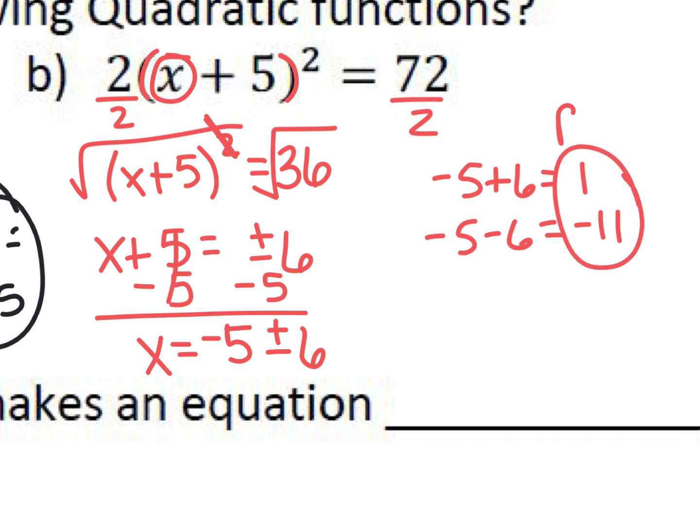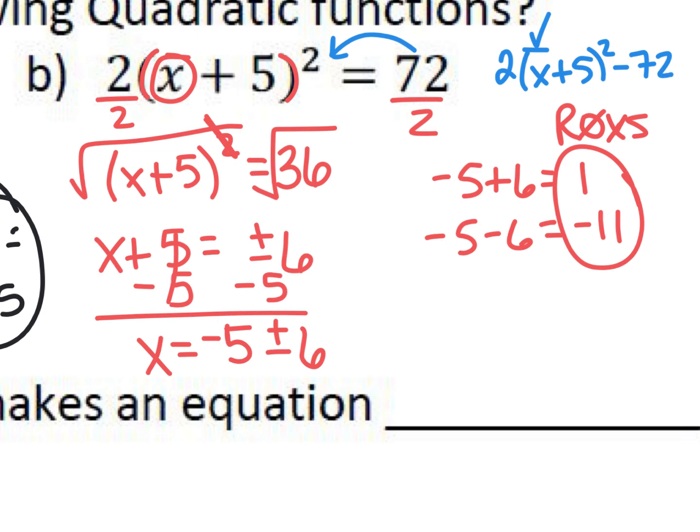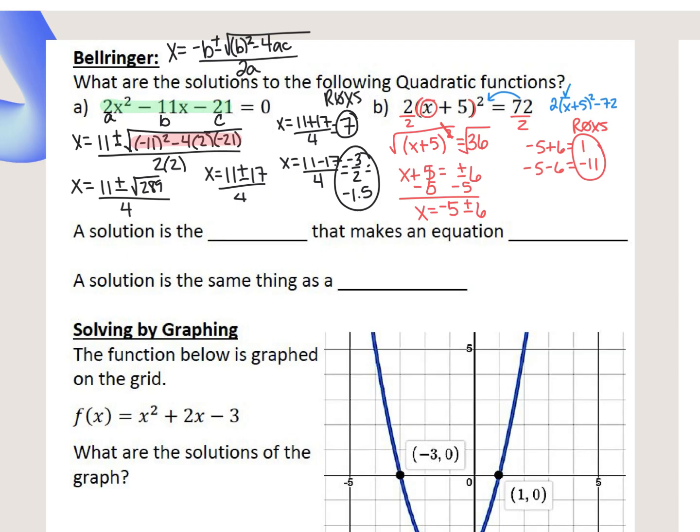So again, these are our rocks. If you wanted to graph this one to check it, you're going to have to move this 72 over. Because remember, when we graph in the computer, we have to make sure that everything is on the same side. So if I move that 72 over, it becomes a negative.